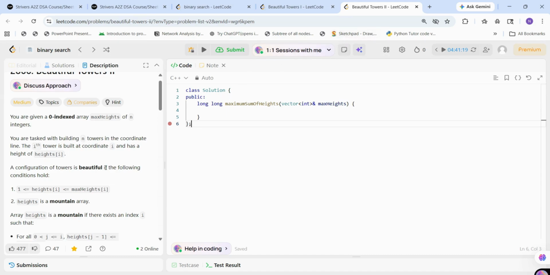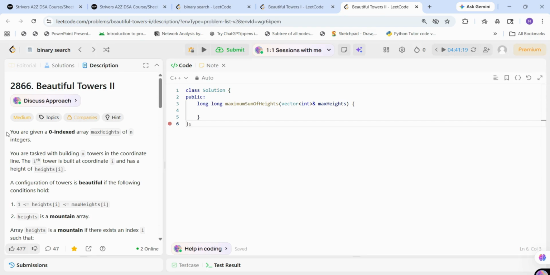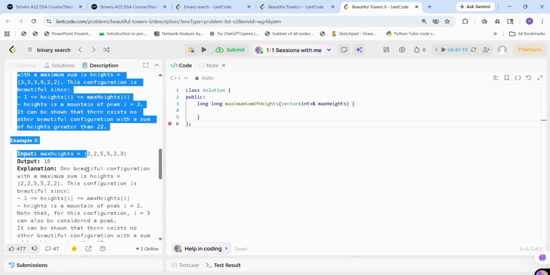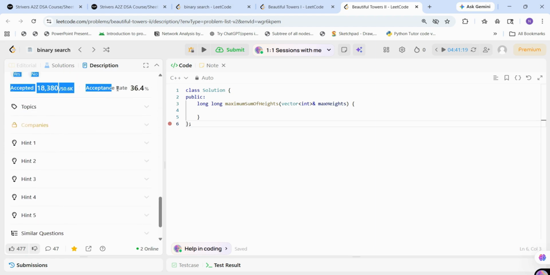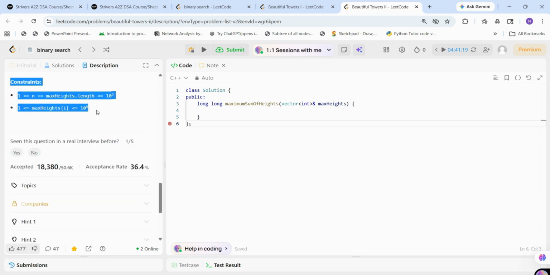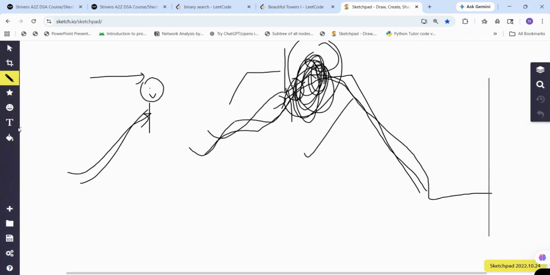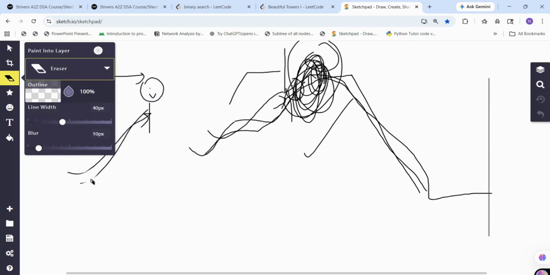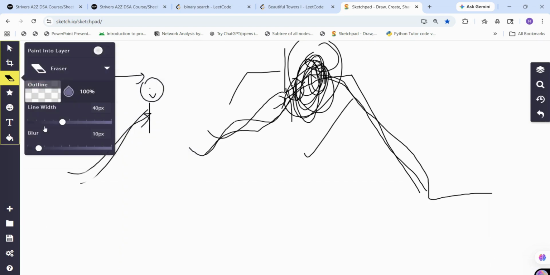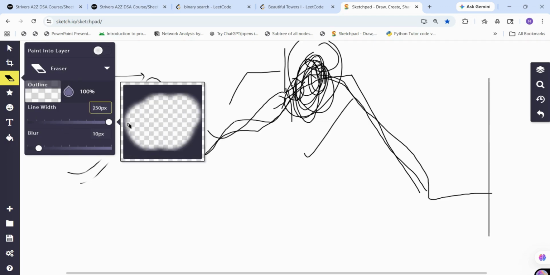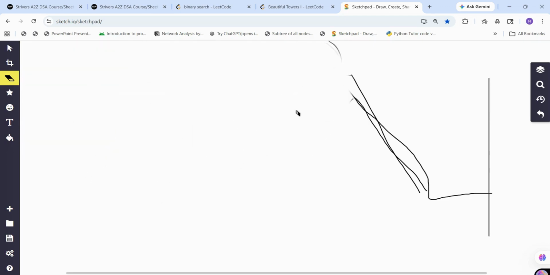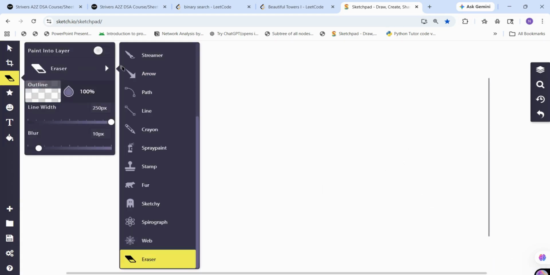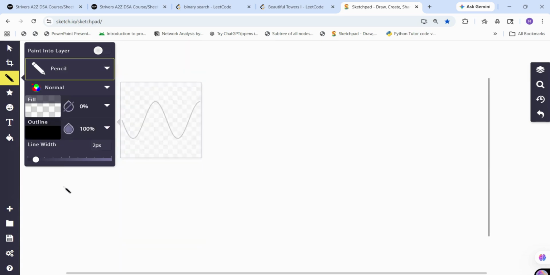First of all, I will just copy this text and use it in my sketchpad, so that you can see the diagrammatic representation side by side, because many of my subscribers are saying to try to explain every problem in a diagrammatic way, as it leads to an easier explanation.